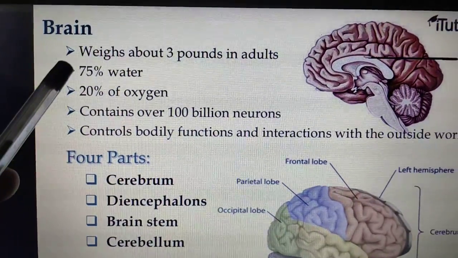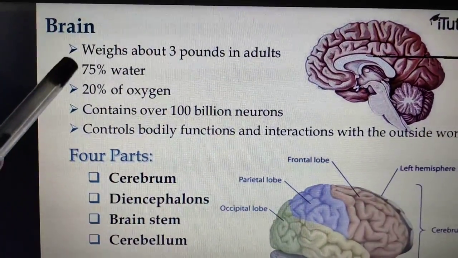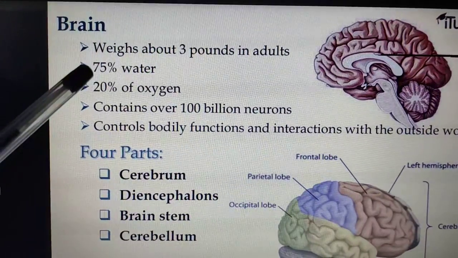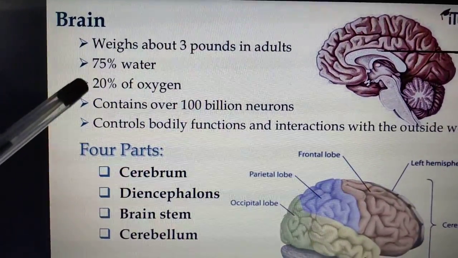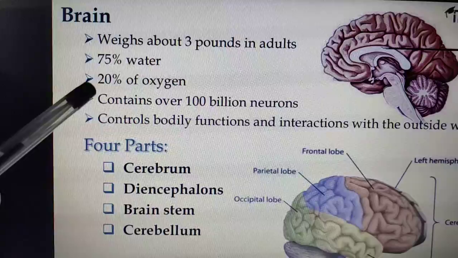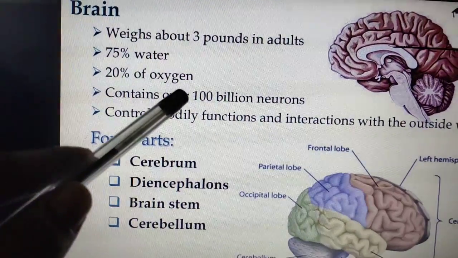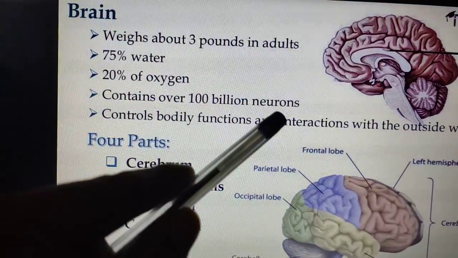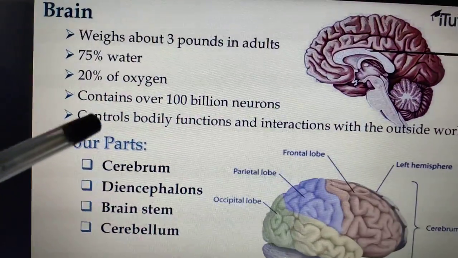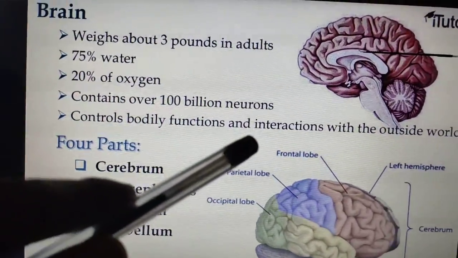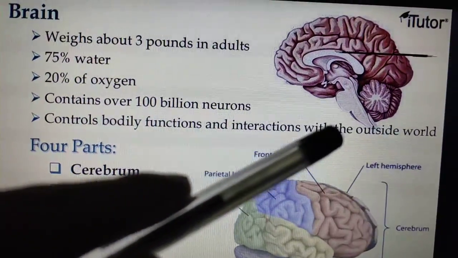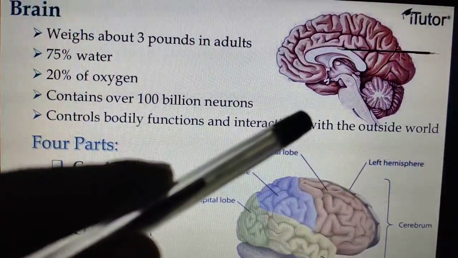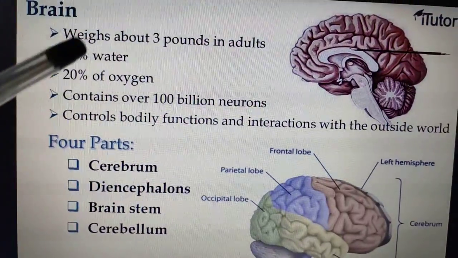How much? 3 pounds in an adult, composed of 75% water, 20% oxygen. It contains over 100 billion neurons, and controls the bodily functions and interactions with the outside world. Clear, no? So this is the brain.